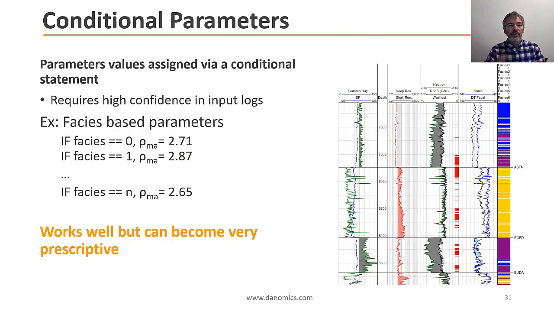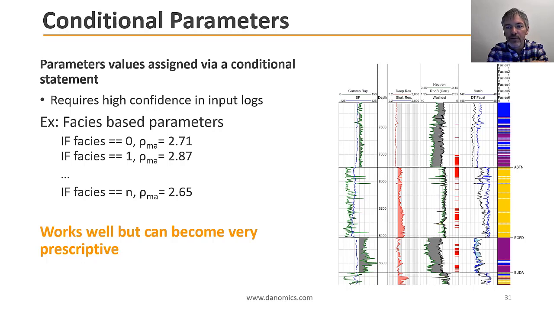Okay, another area where I have seen a lot of promise is with conditional parameters. And what this is, it's when you set a parameter based on the value of another curve. Now, this could either be some type of correlation or regression, or it could be something that is very much like an if-then statement.